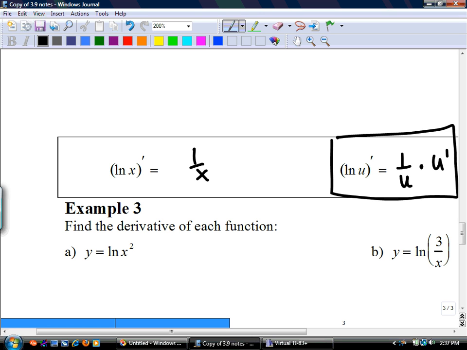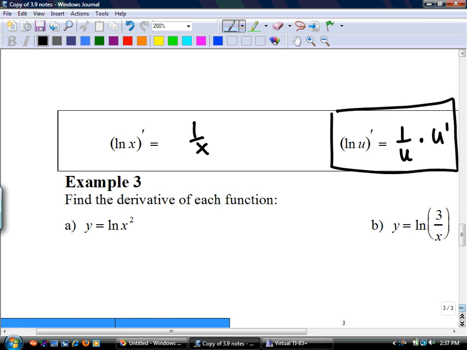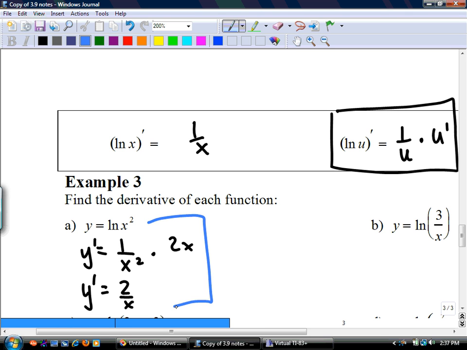Okay, what's the derivative of ln x squared? 1 over x squared times 2x. Please simplify that. 2 over x. Now, Mr. App, there's got to be another way to do this because I love my logarithms. You could also do this.